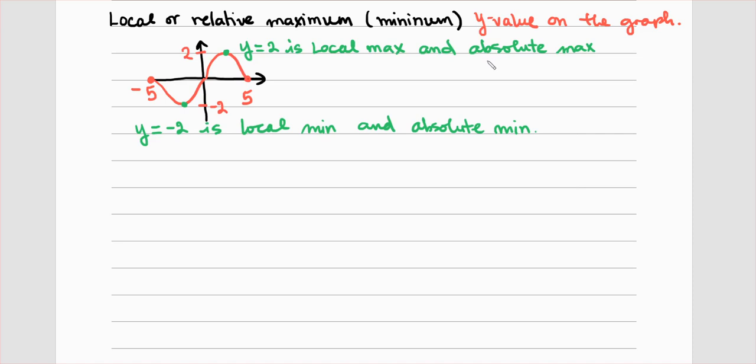Okay, so again, by looking at the graph, we try to find the y value of the graph. For this graph, y equal 2 is our local maximum and our absolute maximum at the same time, because that is the greatest. And y equal -2 is our local minimum and also our absolute minimum at the same time.